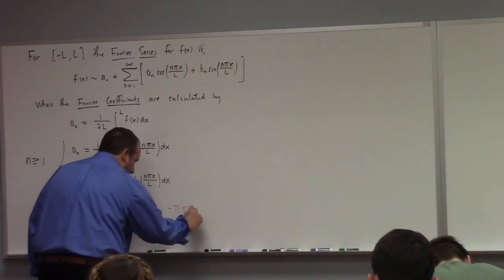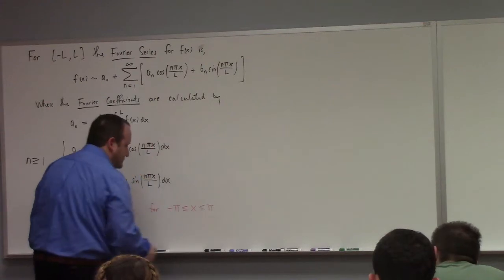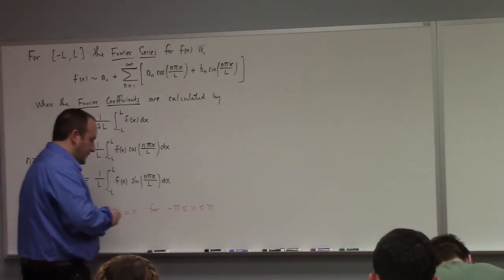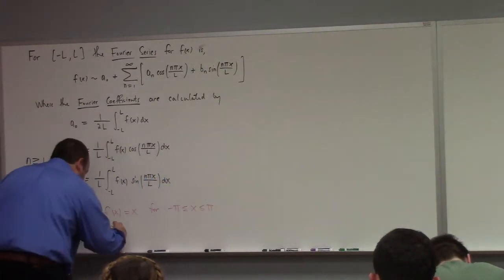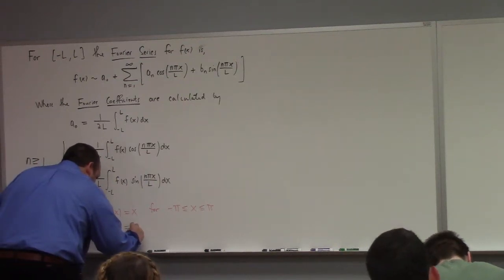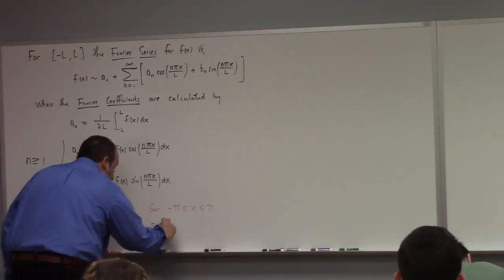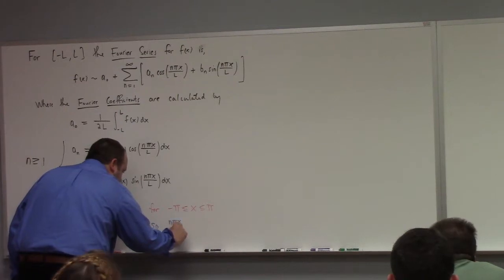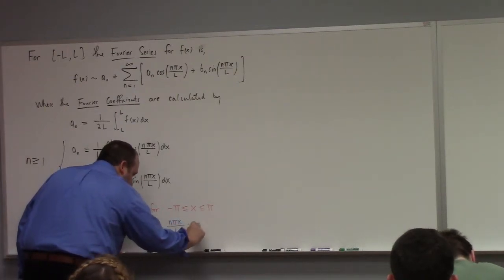Minus pi less than or equal to x less than or equal to pi, right? So, in other words, L was equal to pi last time, so n pi x over L was just equal to nx.